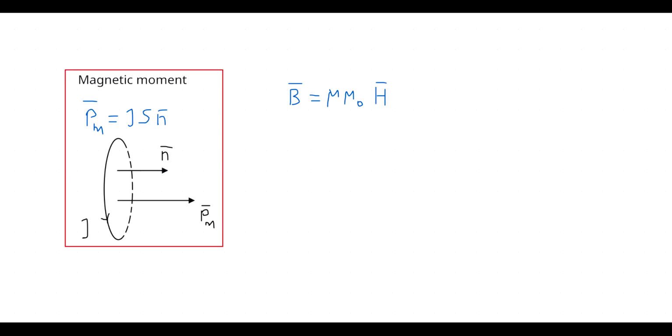So what can we say about this? B is a vector of magnetic induction.